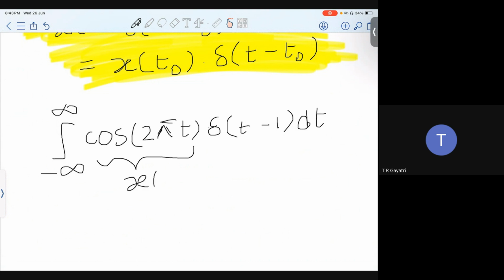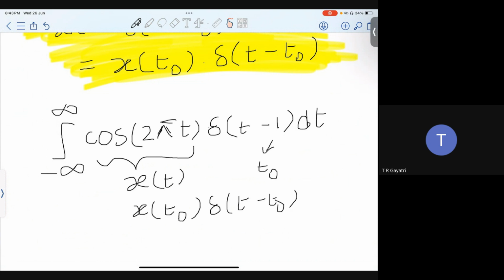Let me call this my x of t, and this is in the form x of t times delta of t minus 1. What happens to x of t? So this is my t naught. What happens to x of t times delta of t minus t naught? That is simply x of t naught times the same delta of t minus t naught, right?